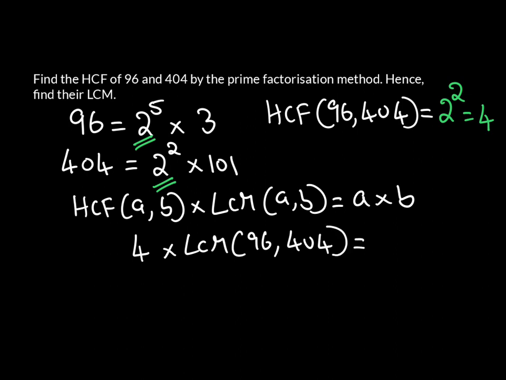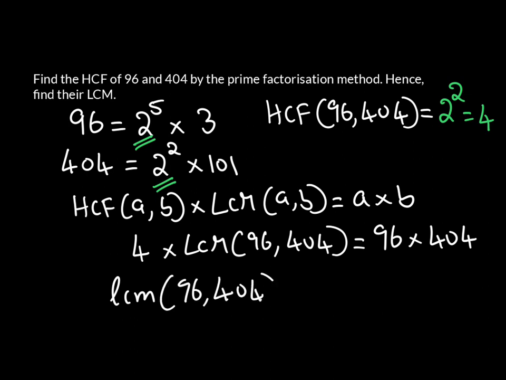And we can find the product of 96 times 404 easily. So now the LCM of 96 and 404 is 96 times 404 divided by the HCF, which is 4.